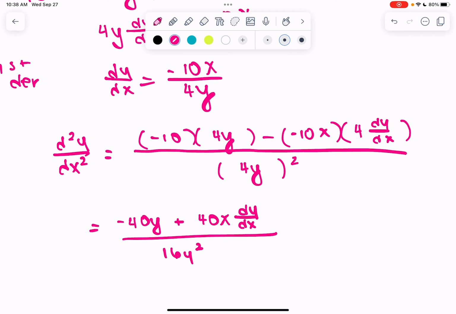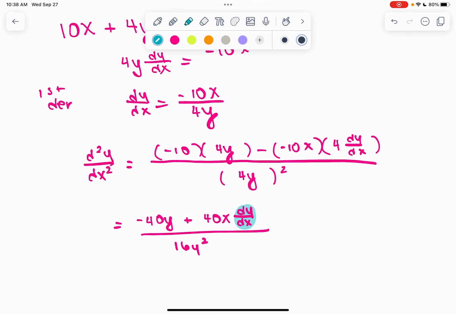But when we're doing an implicit derivative and we're doing the implicit second derivative, we want it to always be in terms of x and y. We don't want a dy/dx in here. So I need to get rid of this dy/dx, and look up here, we already know what dy/dx is.